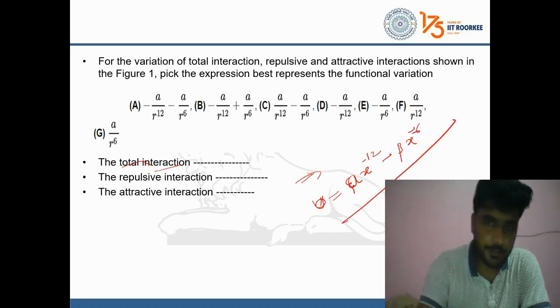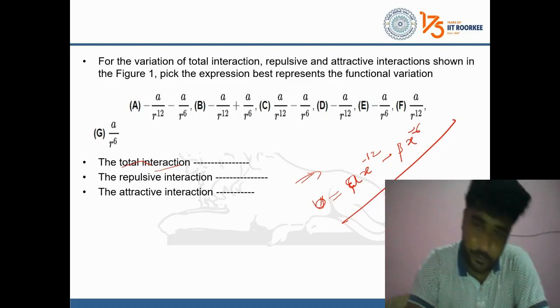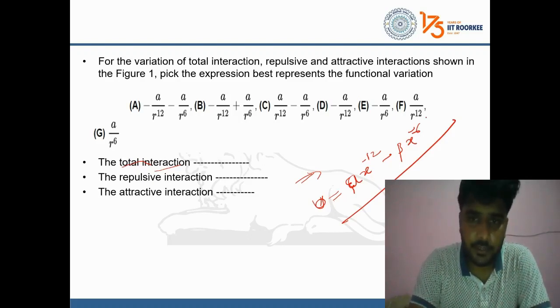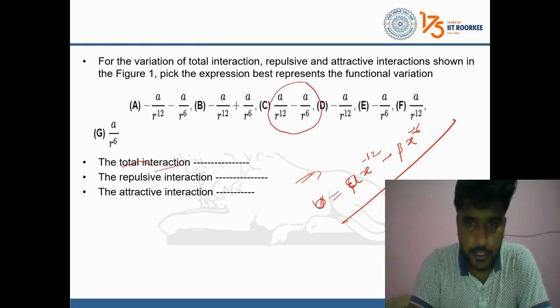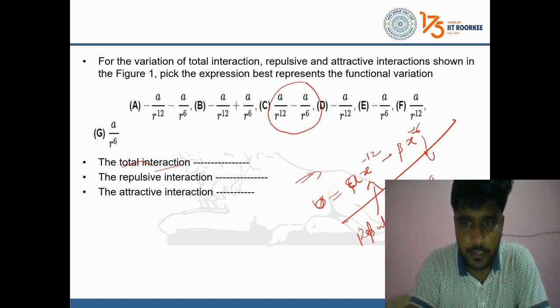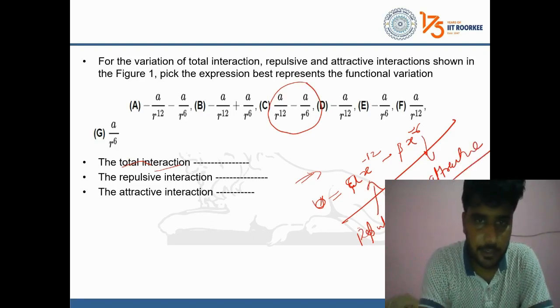This is the representation, or you can say the formula, that you have to select. Here this is the repulsive term and this is the attractive term, so the total interaction is best represented by this one.